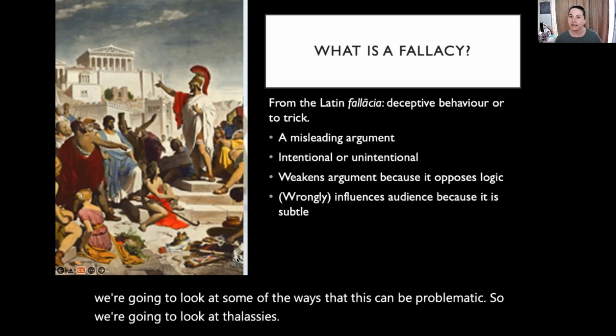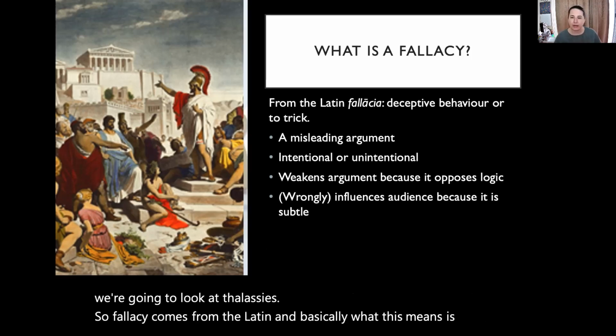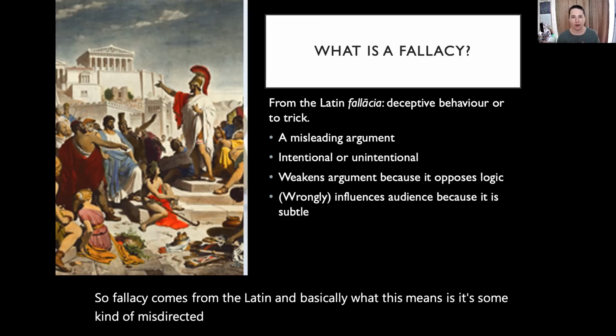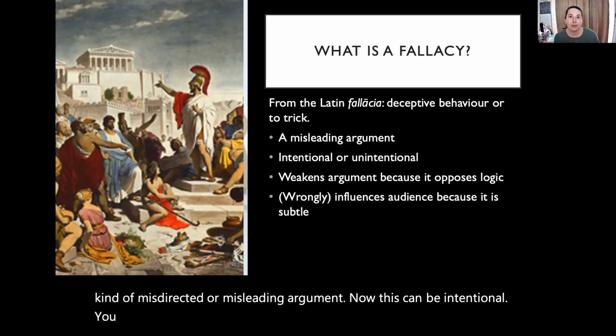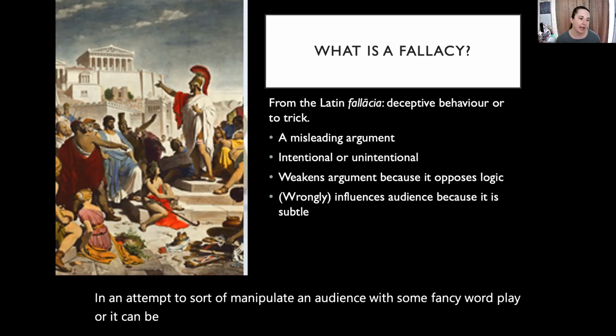So fallacy comes from the Latin, and basically what this means is it's some kind of misdirected or misleading argument. Now, this can be intentional, in an attempt to manipulate an audience with some fancy wordplay, or it can be unintentional.